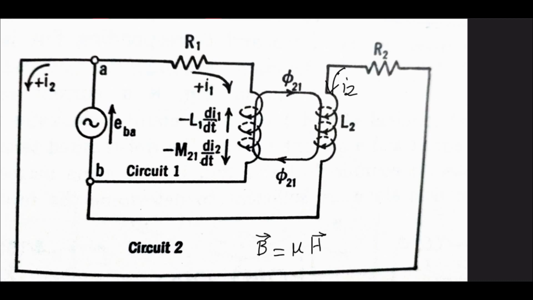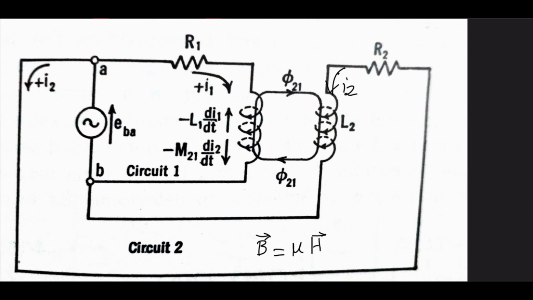Here we can see that both voltages, the minus L di1 dt, the induced voltage due to self-inductance, and the induced voltage due to mutual inductance, are opposing each other. When minus L1 di1 dt is trying to oppose the inflow of current towards the winding in circuit 1, the induced EMF is trying to assist the flow of the current, and that is very interesting.